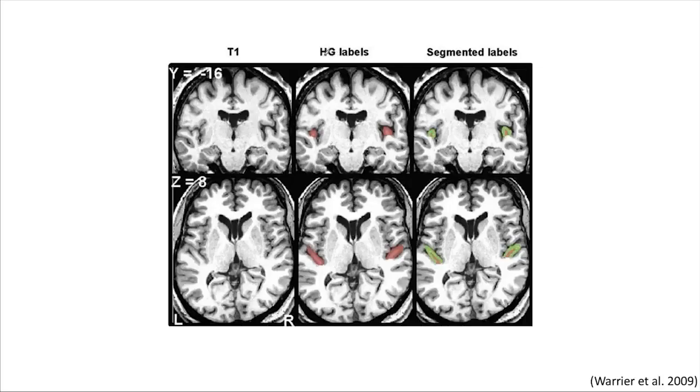Just to give you a sense in terms of Heschl's gyrus. Here you can see this is the Heschl's gyrus, and this one is the segmented. But what do we mean by segmented?